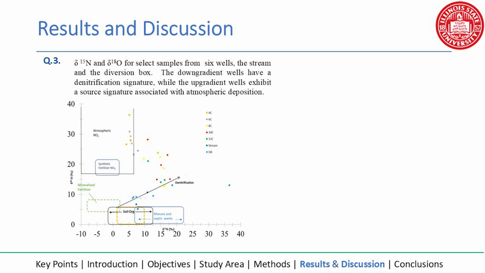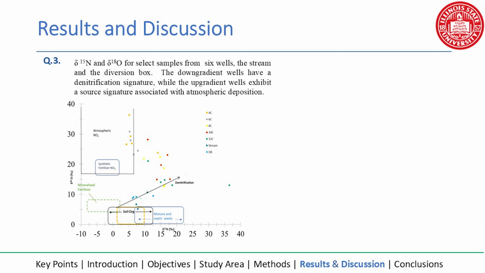And the upgradient wells, so the wells that are not influenced by the tile, they're coming in from natural infiltration. These have a signature of nitrogen that is coming from the atmosphere. As we move down to the down gradient side, so move past the tile, these waters have signatures that resemble mineralized fertilizers that have then been denitrified.